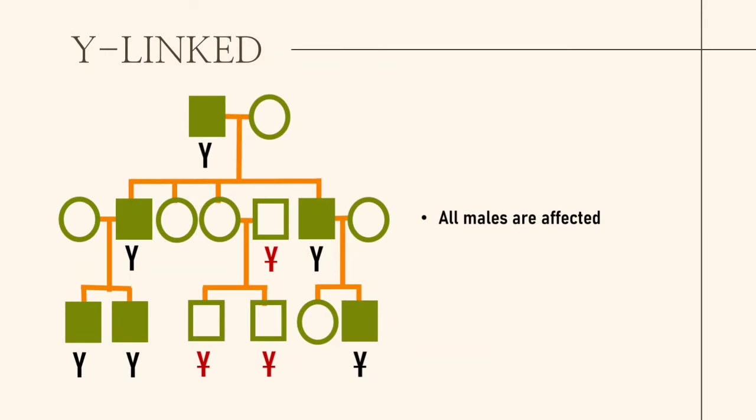Okay, so in Y-linked naman, all males are affected or all males in generation 1, generation 2, generation 3 are affected. Okay, so as you can see in here, we have here the generation 1. So lolo is affected. Since lolo is affected, so the offspring will be 50% affected, 50% unaffected, wherein 100% of having affected sons and 100% of having unaffected daughter.